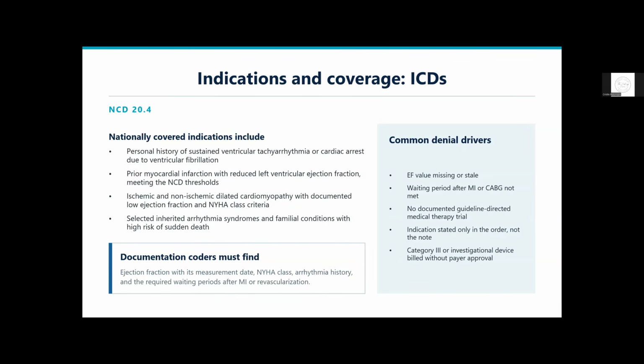Coders must confirm EF value and date, NYHA class, arrhythmia history, and waiting periods after the MI or revascularization. Common denial drivers include missing EF, unmet waiting periods, lack of guideline-directed therapy, or indications stated only in the order. Category 3 devices require payer approval.